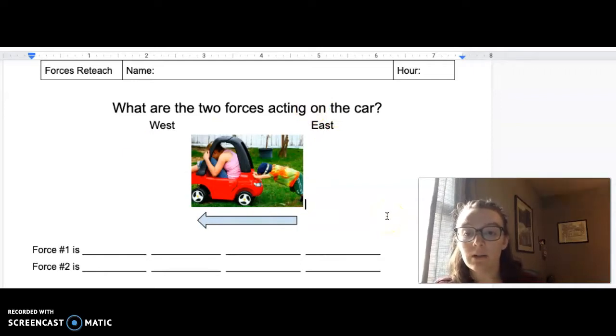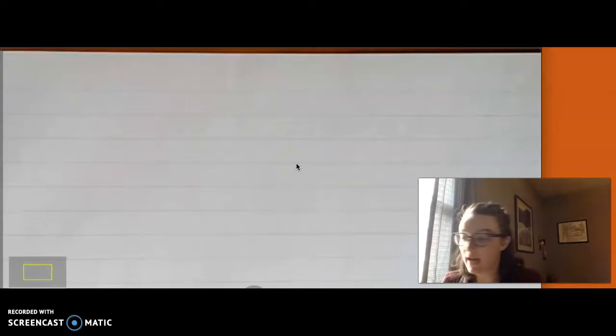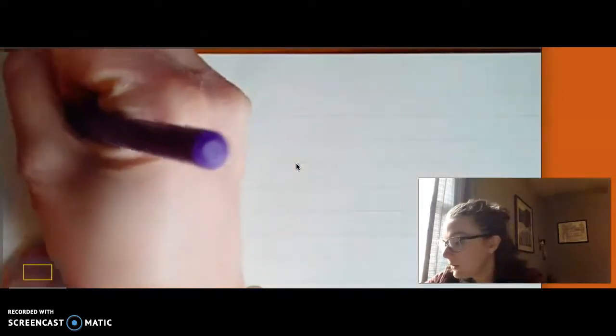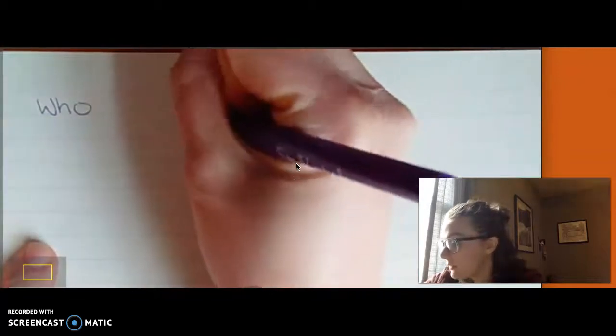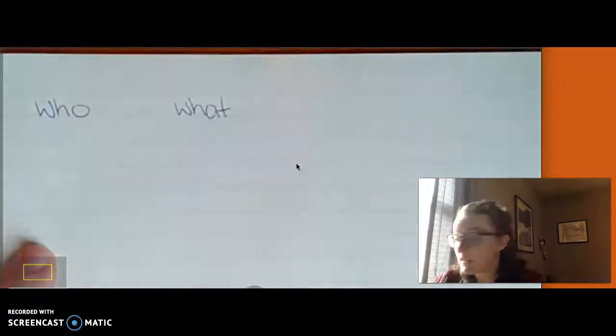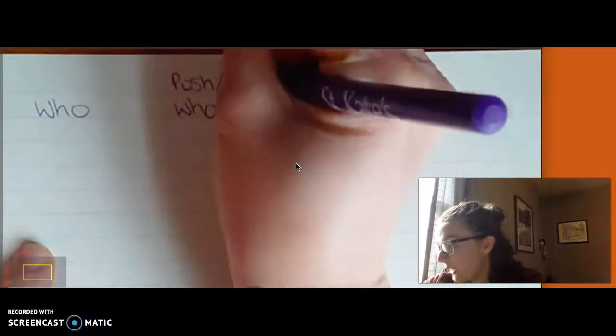The first thing we want to do is remind ourselves, what are the four things we have to have when talking about forces acting on something? We have to have a who, we have to have a what. The what is always either a push or a pull on something.